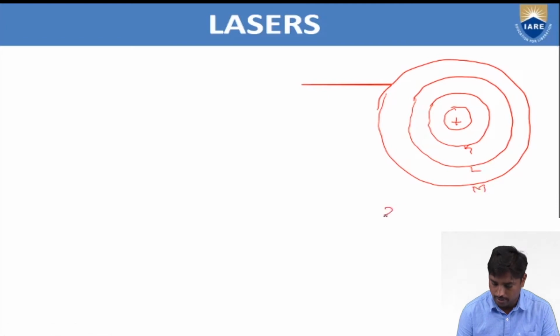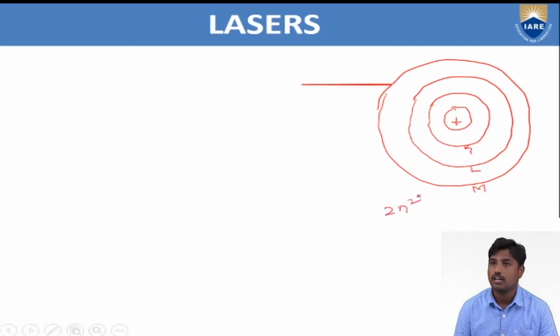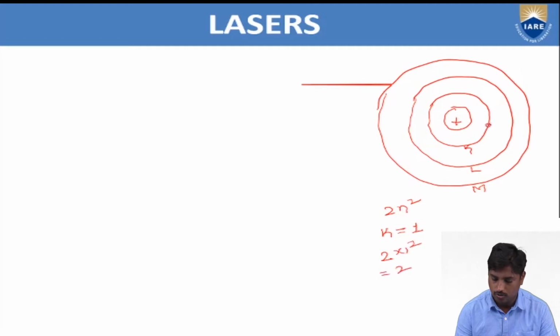Based on the formula 2n square, electrons are occupied in various orbitals. First, suppose I take the K shell. K equals 1, so I substitute n equals 1. The number of electrons in the K shell will be 2 into 1 square, which is 2 only. So the K shell occupies only 2 electrons.